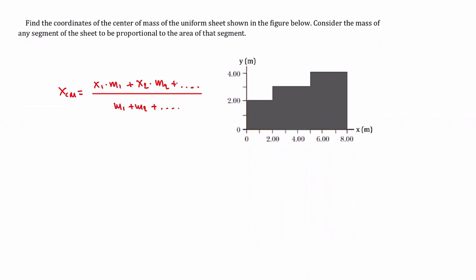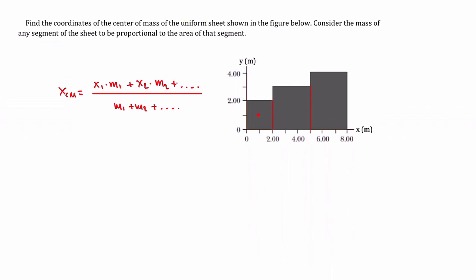In this case, the masses are not clearly defined, but we can consider that the mass is proportional to the area. So we're gonna break this lamina into three different particles, three different objects, and we need to calculate the position of the center of mass for each object.